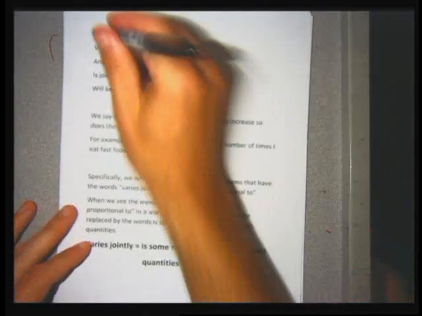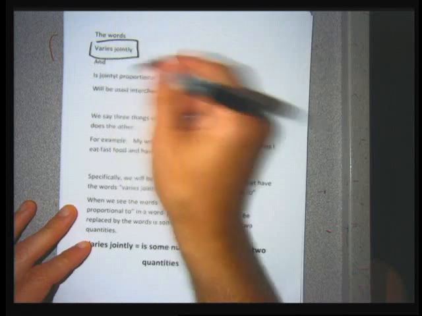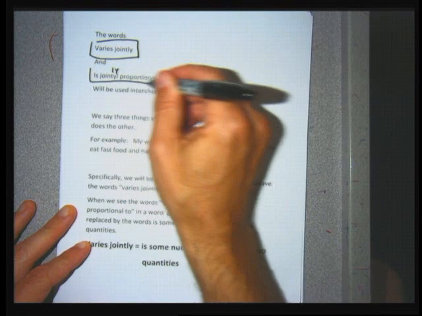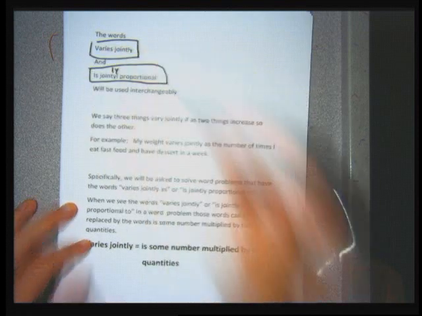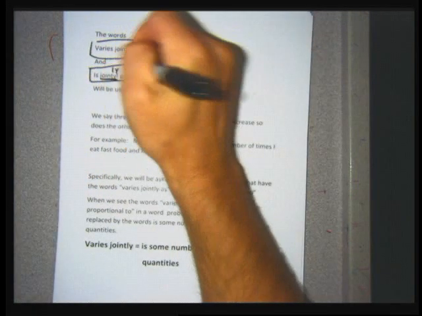And then the last page that isn't part of your notes has a new set of words that will work together and have the same meaning. That doesn't look spelled so well, but oh well. The words varies jointly, or is jointly proportional to. I'll use those two groups of words interchangeably. The link between these is the poorly spelled jointly.